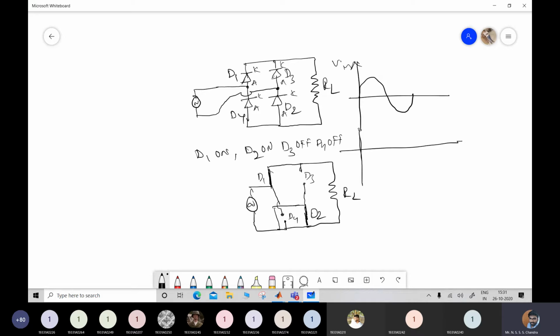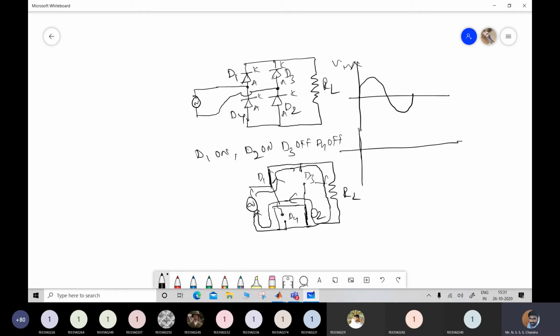Now current will flow from the source through D1, because D3 is open. Current cannot flow through D3, it will flow through RL. And then through D2 it will flow, because D4 is open. Again it comes back to the source.